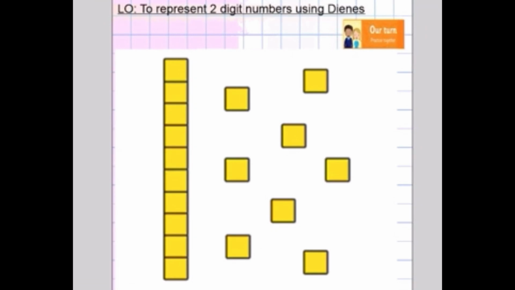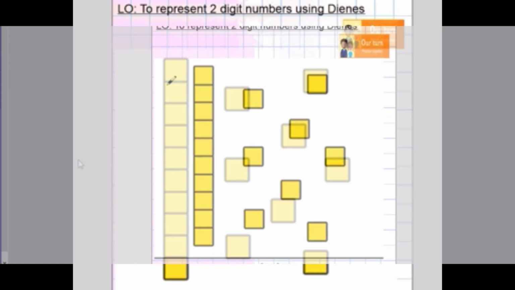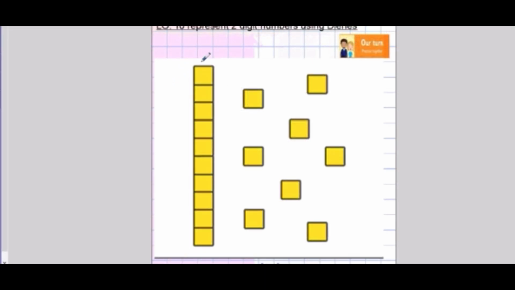Here is an example for you to have a go at. Pause the video now and see if you can identify what 2-digit number these Deans are representing. Let's do the answer together. So as we can see, we've got, that's right, 1 ten. Then we need to identify how many ones by counting them carefully. 1, 2, 3, 4, 5, 6, 7, 8.